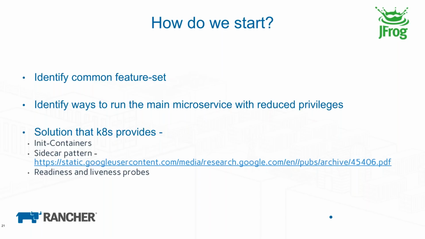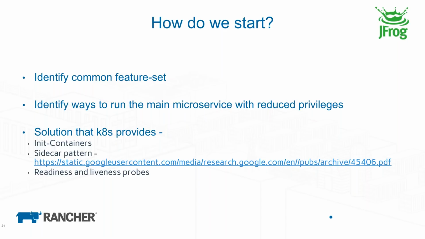We also want to run our main production microservices with the minimum privileges possible. This is a basic security problem: you don't want to expose anything in runtime that you don't have to. And Kubernetes gives us a lot of very awesome solutions to do that.